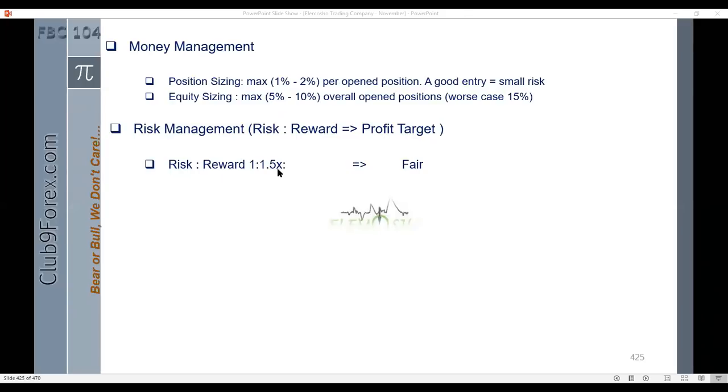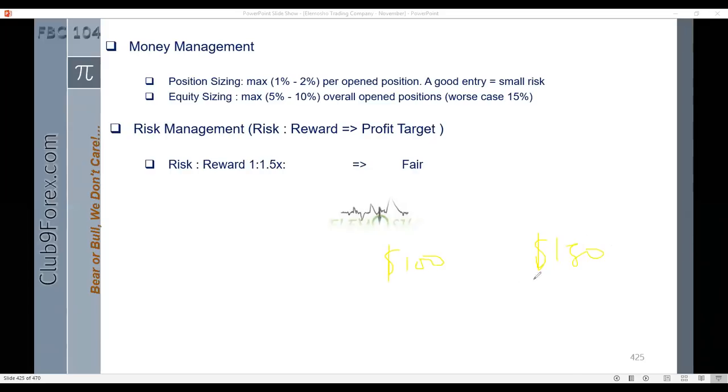But for the risk reward, what we are saying is this. At any time that you are taking a trade and your risk versus your reward is 1.5, that means, let's say, for instance, you are risking $100, however when you set your target it is $150.